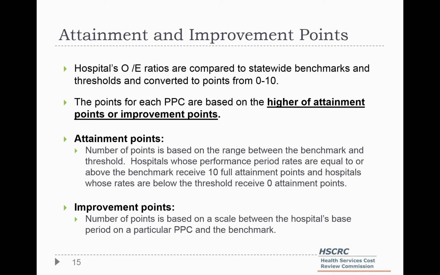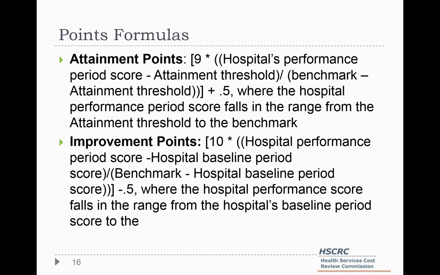But if the hospital's rate is equal to or higher than the base period, then you'll receive 0 improvement points. Again, I will update the attainment part here on the slides and repost them onto the website. Okay, so this slide just shows the formulas, again, for how to calculate the partial points.